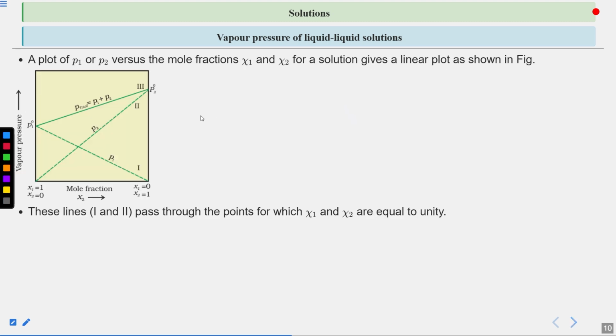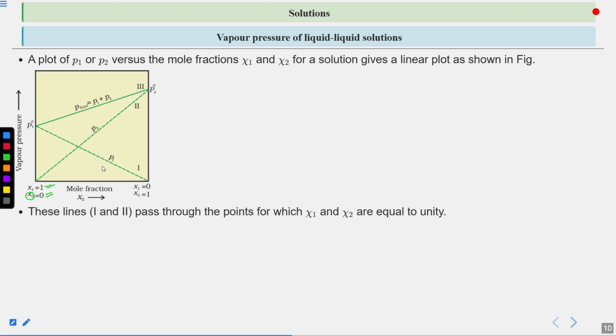So this is your graph, and it is very important to understand this graph. I said we will plot a graph between P total and chi2. You can see here that chi2 is 0 and chi1 is 1. What is the meaning of this?